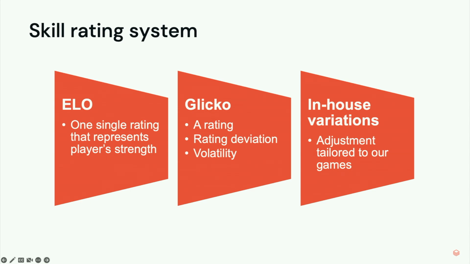In the second version, Glicko 2, it also added a volatility number, which measures how fluctuating your play is. Some players could have a really high ceiling, but on some bad days play really badly. That's captured in the volatility. And at Tencent, based on our games' needs, we also do some in-house variations, either tuning these two, or sometimes even merging them together to better suit our game. So we have some rating systems.